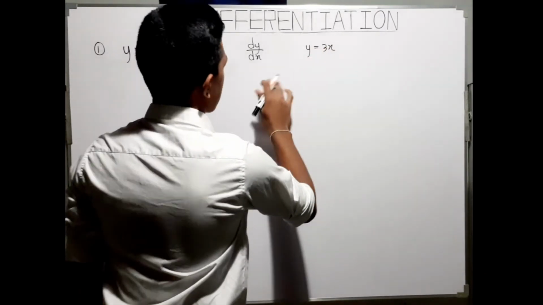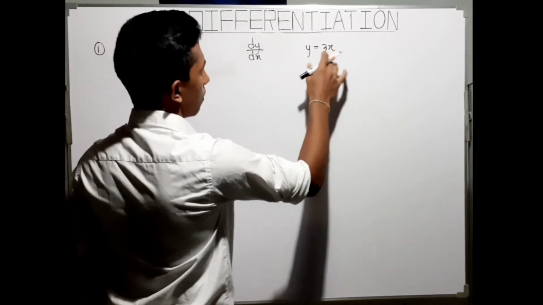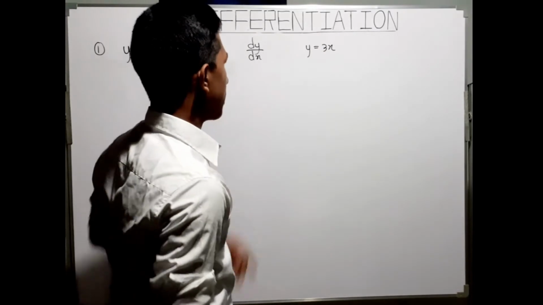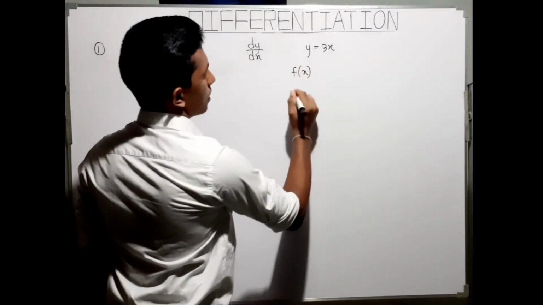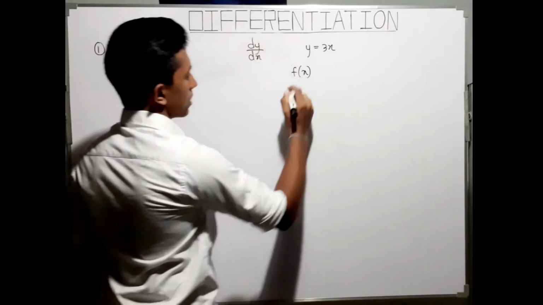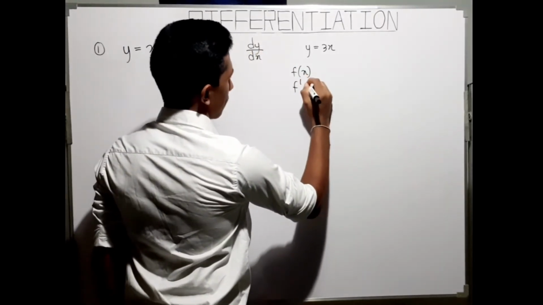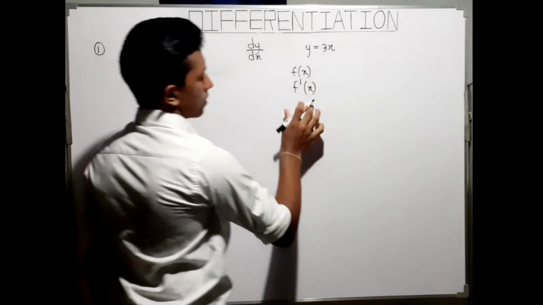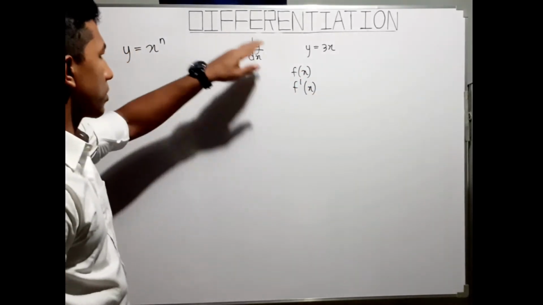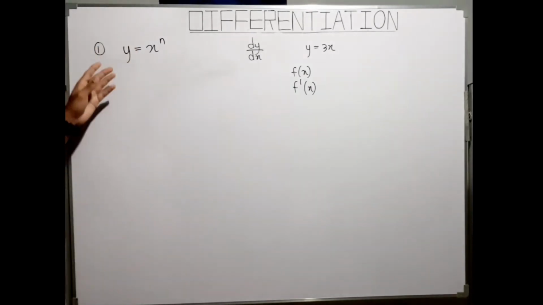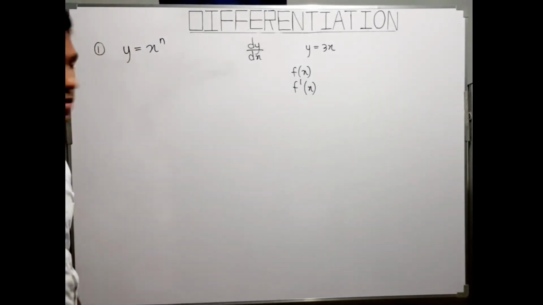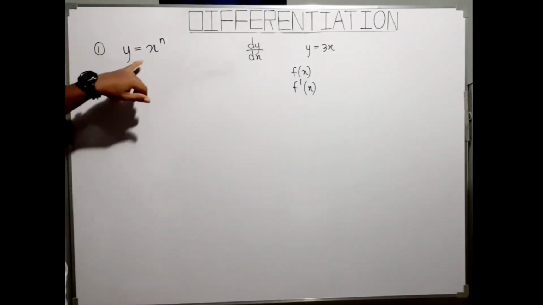The way you represent the differentiated version of this function is dy by dx. And if the function is f of x, we show differentiation using f prime x. This is the symbol we use to represent differentiation, the differential.